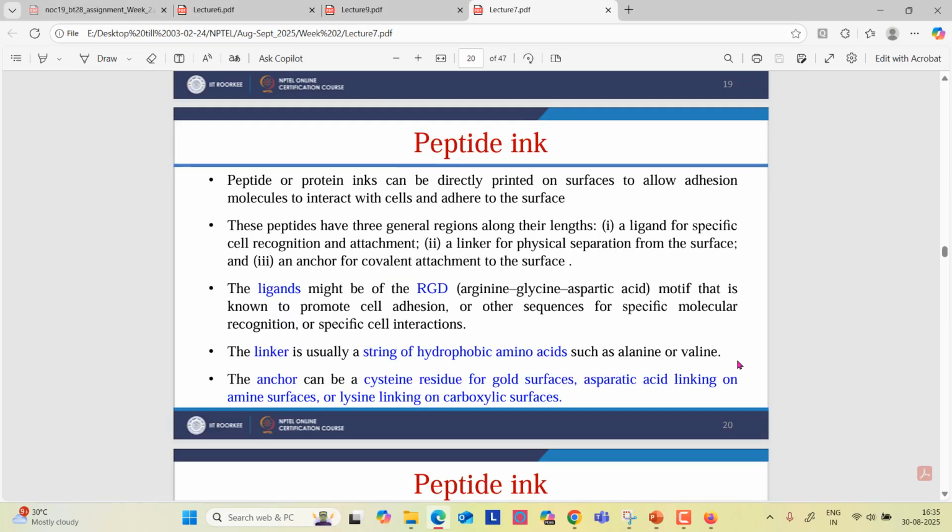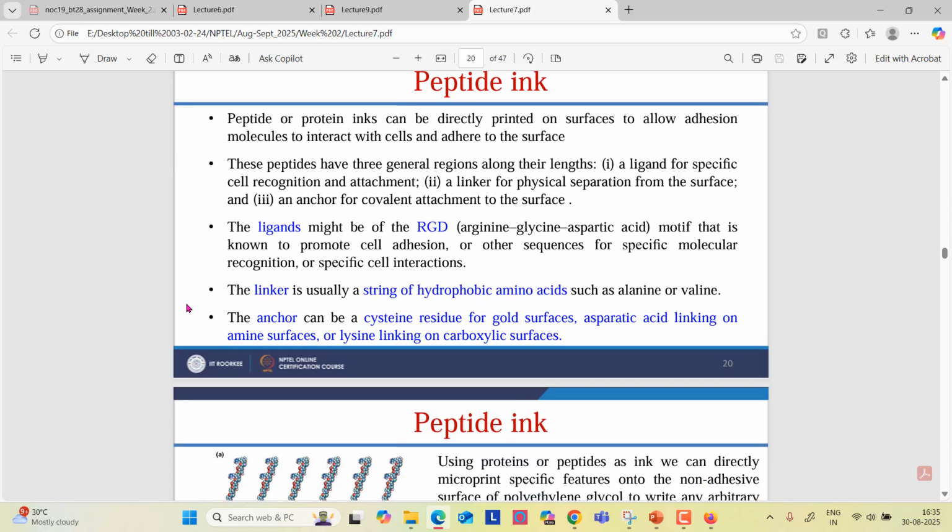Next is the anchor. Anchor is for covalent attachment to the surface. That means it will form a kind of physical bond with the surface. The ligands might be of the RGD, that is arginine, glycine, aspartic acid motif, that is known to promote cell adhesion, or other sequences for specific molecular recognition or specific cell interaction.